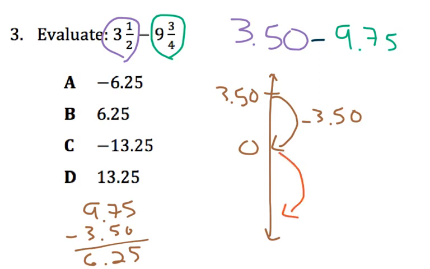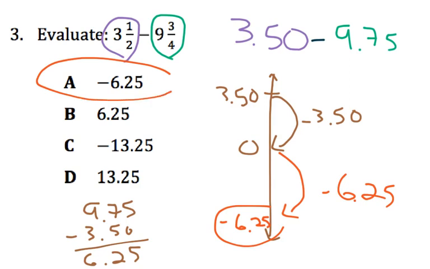So let's go down that last $6.25, which since we're at 0 and we go down $6.25, we're at -$6.25. And this answer is right here. So the correct answer to the state test question was A.